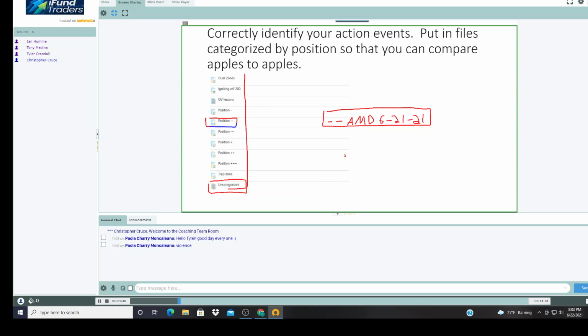Like, the people that do this kind of a study, and definitely there are other ways you can do this. You can put all the bottoming tails in one file and all that kind of stuff if you want to, but I'm just going to say that I don't know that you're going to master positions if you don't do this. Like, for me, it took the longest time to realize this, that if I don't get all the things that take off from the same position into the same file, I'm not going to understand positions correctly, right?